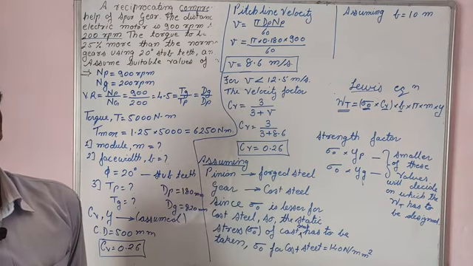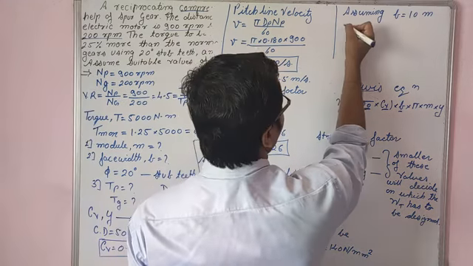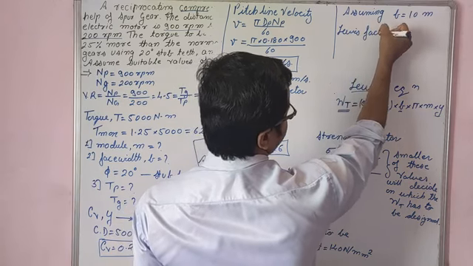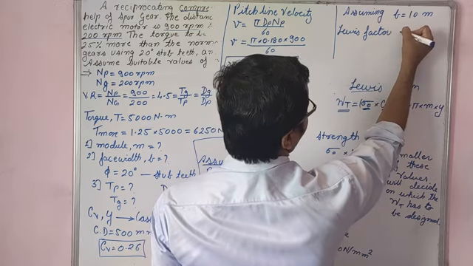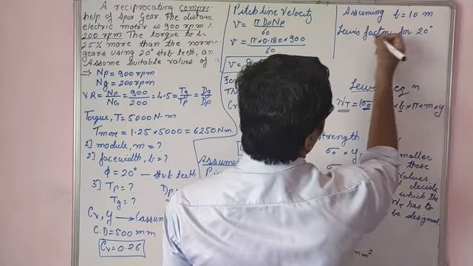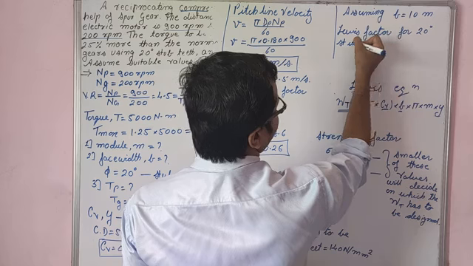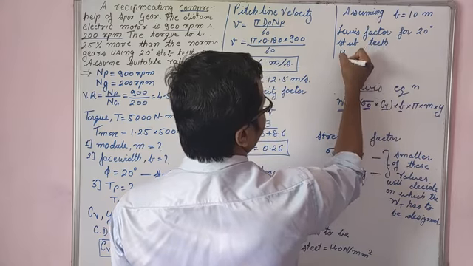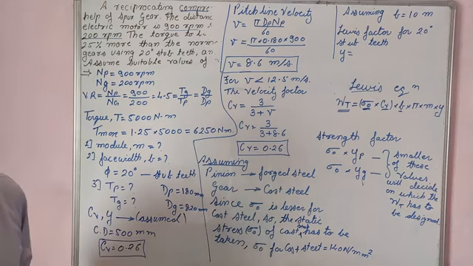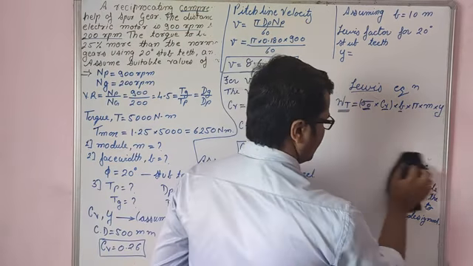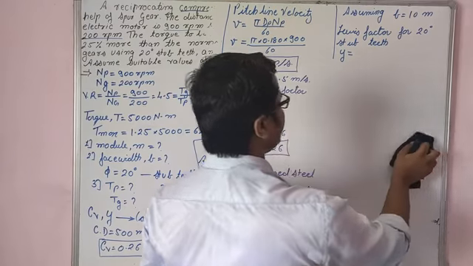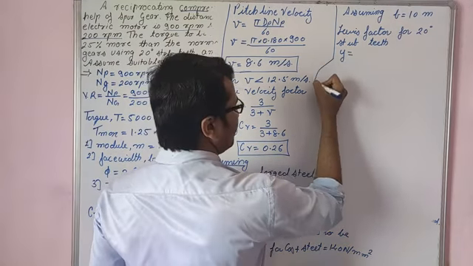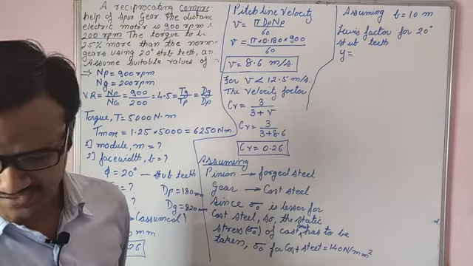That tooth form factor for gear, or the Lewis factor, for 20-degree stub teeth, y will be equal to its relation in the very first video, during the derivation of the Lewis equation, where we found 2 to 3 expressions of y.